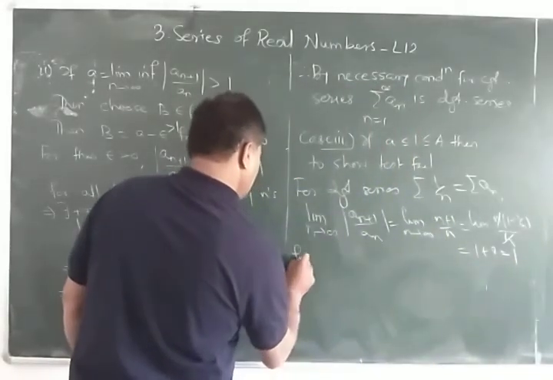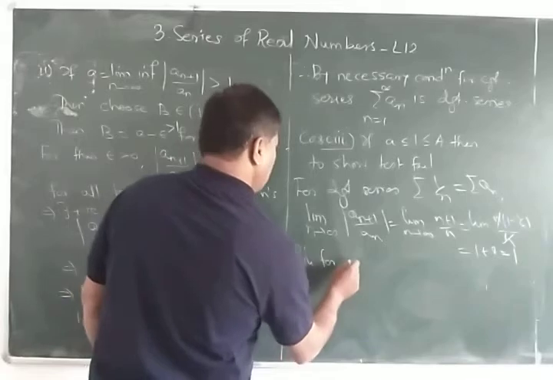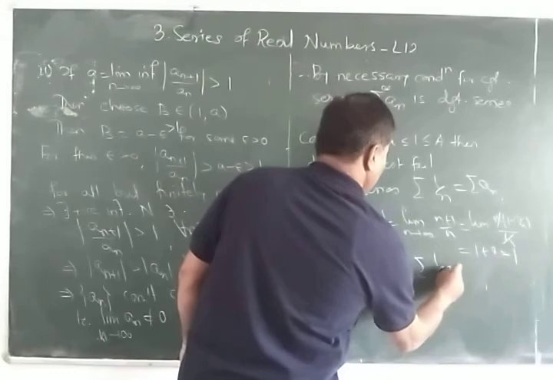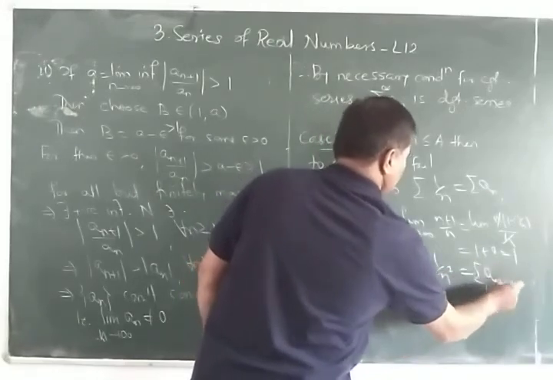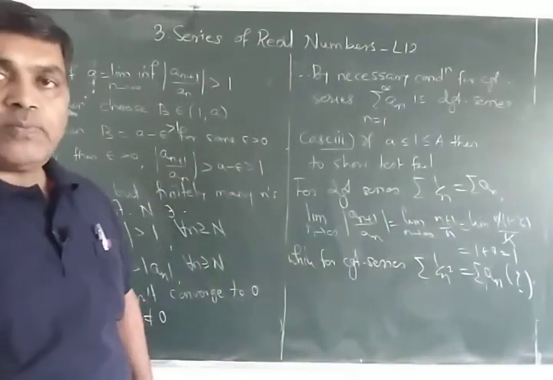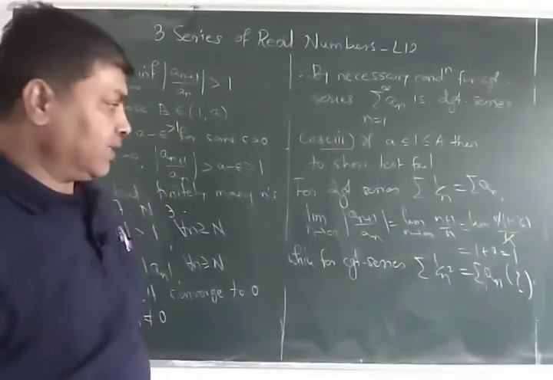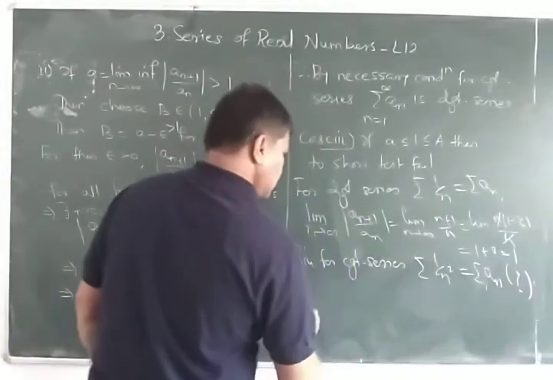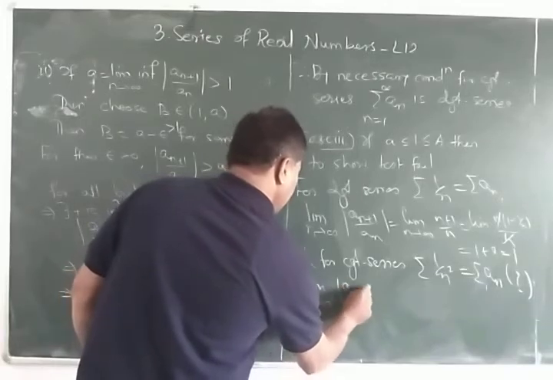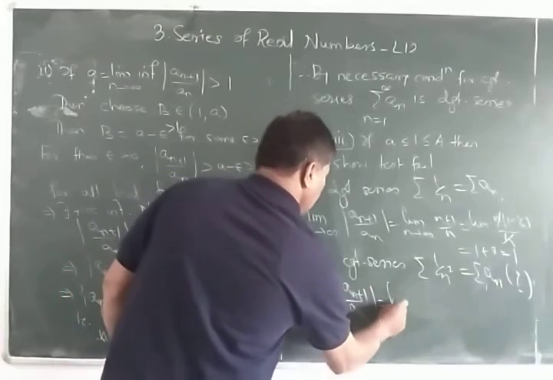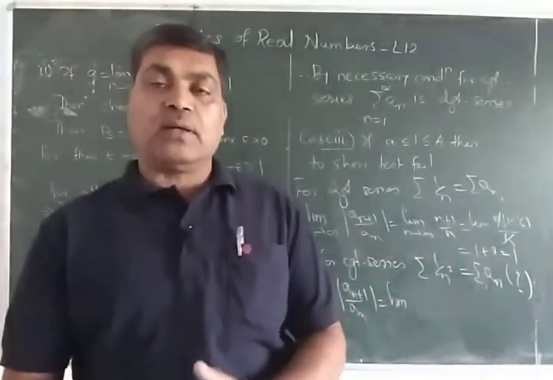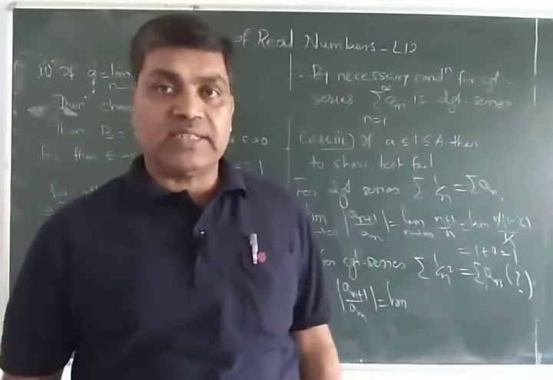While for the convergent series, summation of 1 by n square is equal to summation an. Why is it convergent? We have not yet proved that summation of 1 by n square is convergent. Okay. So for this convergent series, limit n tends to infinity of mod of n plus 1 upon n: if the limit of a given sequence exists, then its lim sup and lim inf are the same and equal to the limit of that sequence.